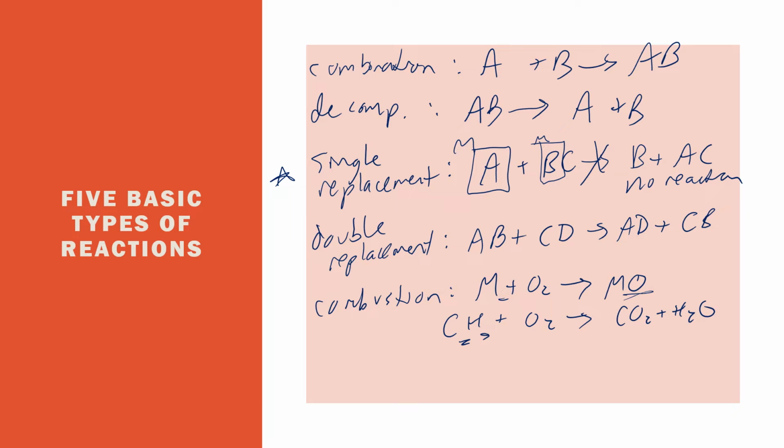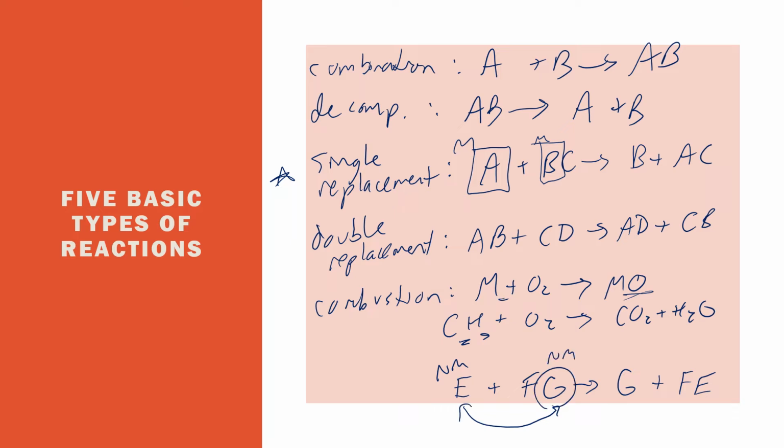Now another example of that would be if you have a nonmetal, so let's say all these different letters. If E is a nonmetal, then you would form something like this, where the nonmetal is going to swap with the nonmetal in the compound.